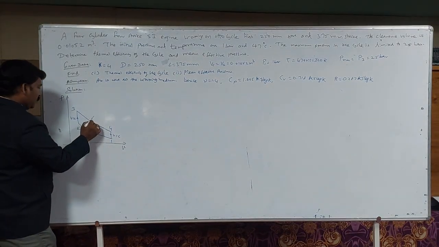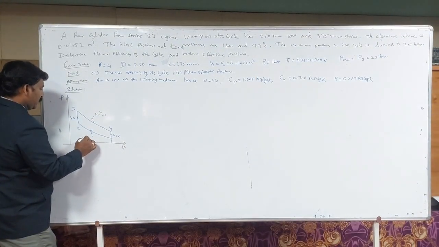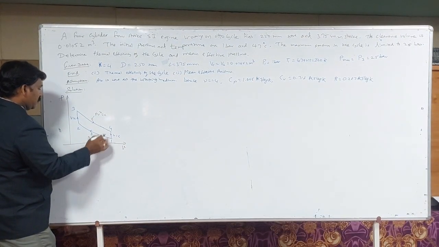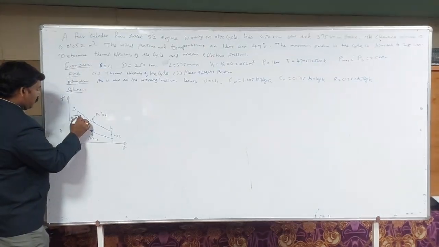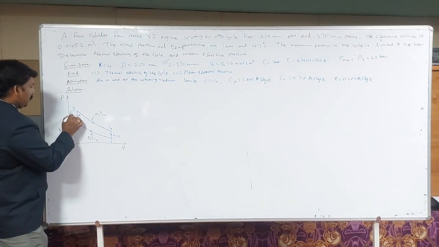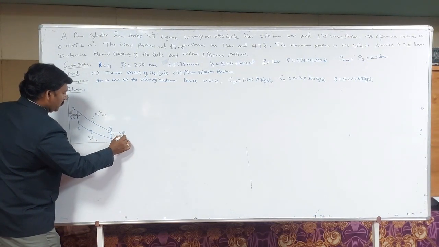Here the process is PV power gamma equal to constant. In process 2 to 3, heat is supplied, and in process 4 to 1, heat is rejected.